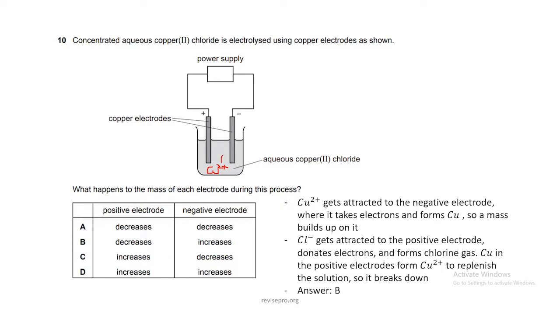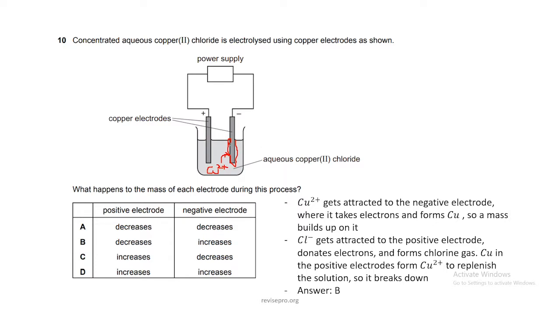These Cu2+ ions get attracted to the negative electrode, and in the negative electrode there are electrons, so the Cu2+ accepts 2 electrons and forms Cu, which is elemental copper. And so you'll see a buildup of copper around this electrode as time passes, as you pass current. So you know that the mass of the negative electrode will increase.